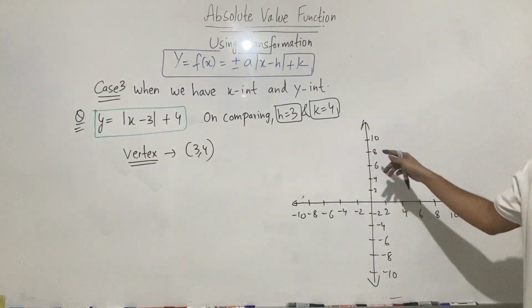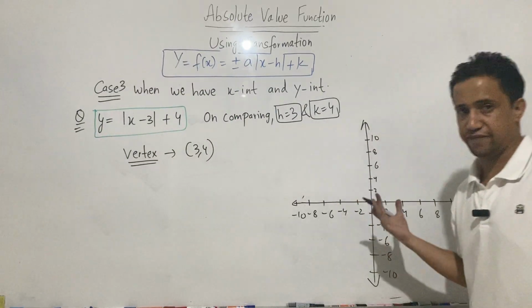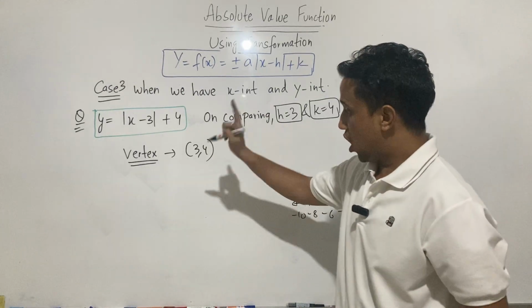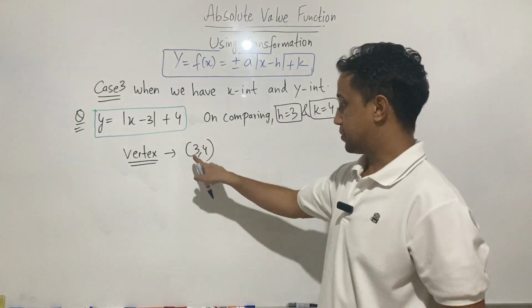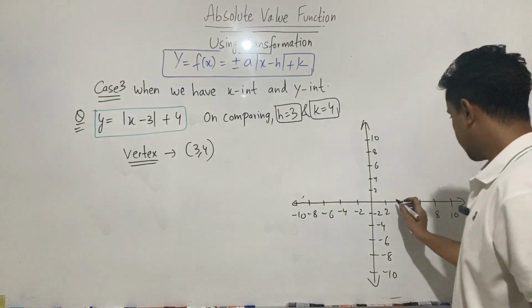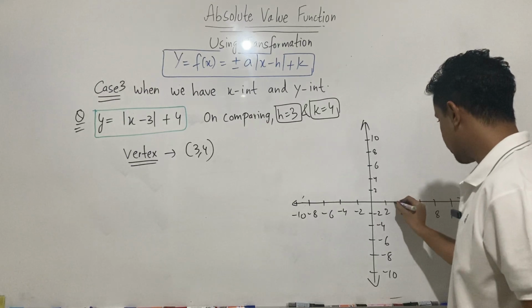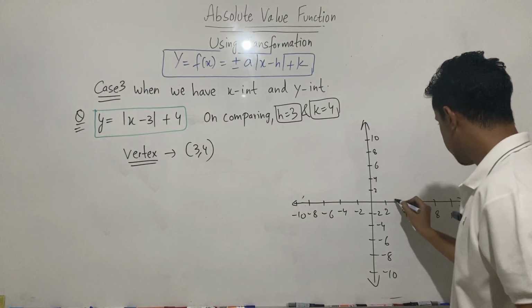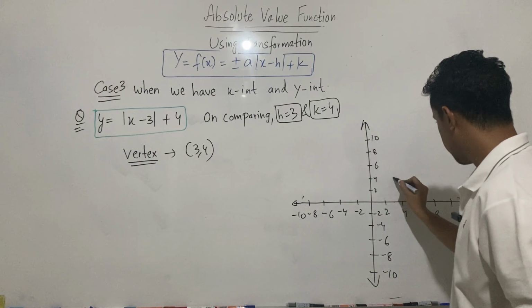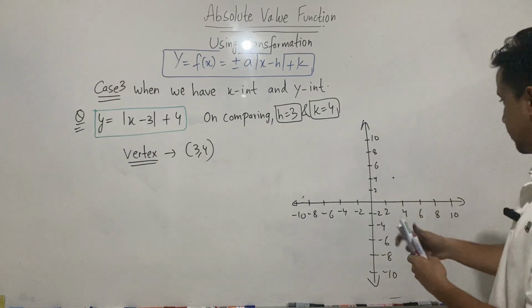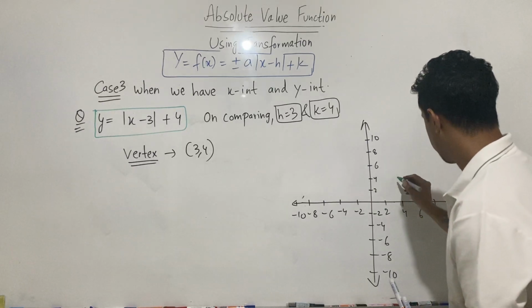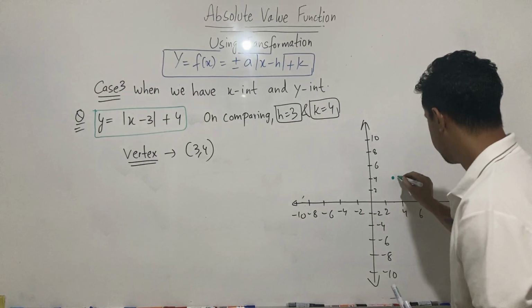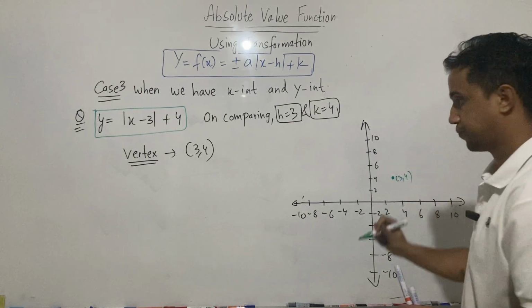I didn't put plus because it means positive 2. Our vertex is going to be formed at (3, 4), meaning x intercept 3 and y intercept 4. So this point is going to be somewhere here, this is (3, 4).